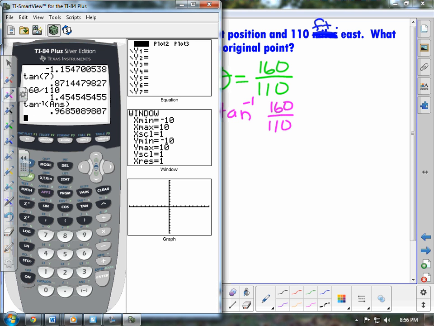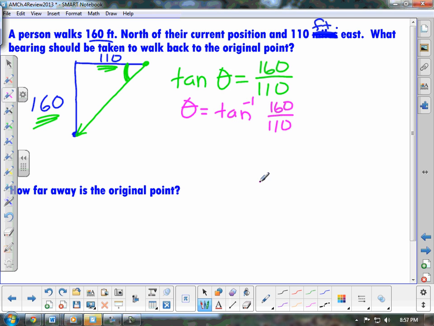Remember now you're in radian mode, so we have a radian measure for an angle. We want to convert it to degrees, so now we multiply by 180, divide by pi, and you will get 55.5 degrees is your angle theta, approximately.